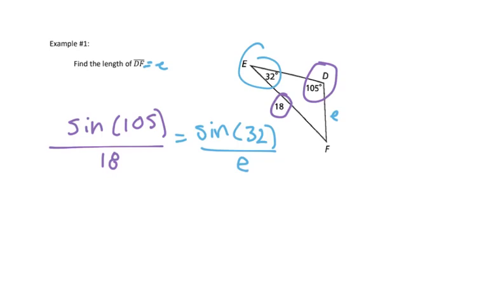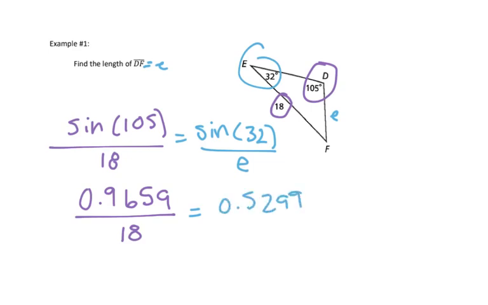So, in order to solve this, probably the easiest way is to just identify that these are in fact numbers. If we take the sine of 105 in degree mode and the sine of 32 in degree mode, we end up with sine of 105 as 0.9659, still over 18, and that's going to equal sine of 32, which is 0.5299 over e.